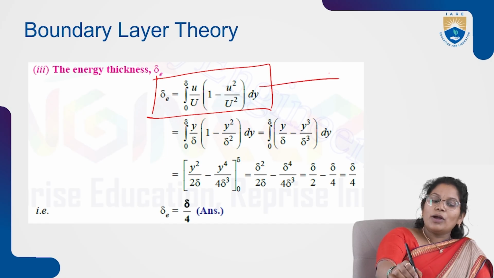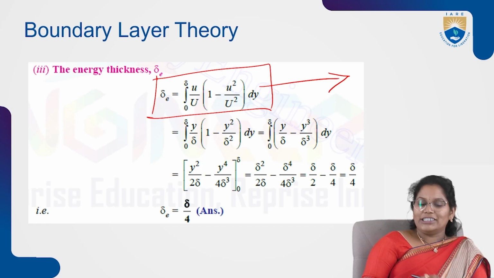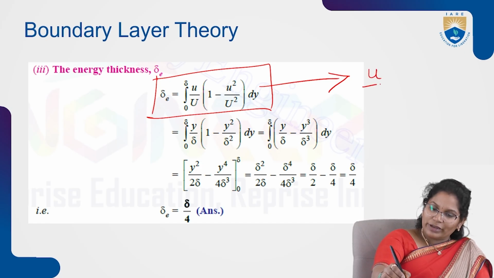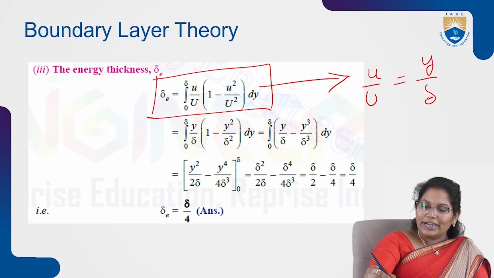In place of small u by capital U, again we write y by delta.